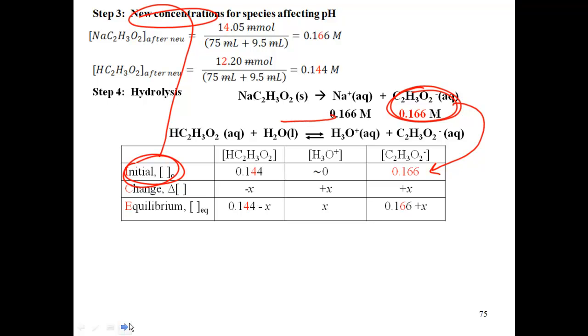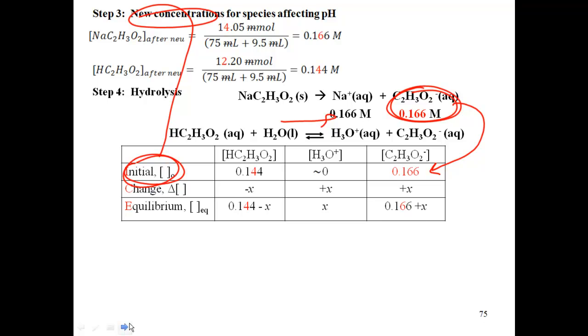It has to go to the right, which means I have minus and pluses on the product side, an X, X relationship. Equilibrium then is 0.144 minus X, hydronium is X, acetate is 0.166 plus X.